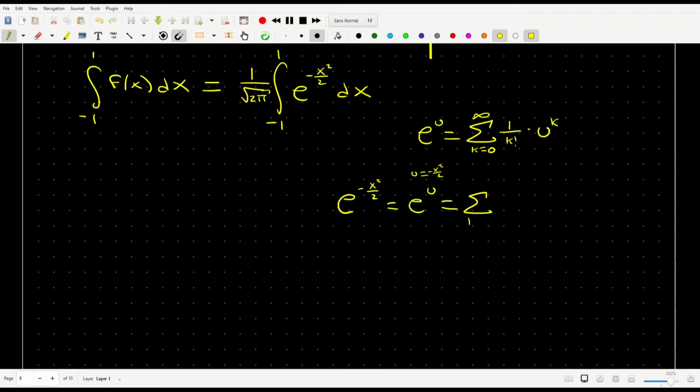So this is going to be the summation from k equals 0 to infinity of 1 over k factorial times negative x squared over 2 to the k, or the summation from k equals 0 to infinity of negative 1 to the k over k factorial times 2 to the k times x squared to the k, which is x to the 2k.